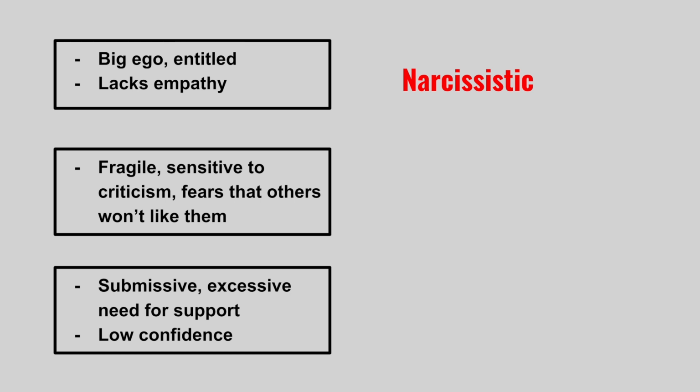Next, we're going to have a patient who's fragile, sensitive to criticism, and fears that others won't like them. This is avoidant personality disorder. Next, we have a patient who's submissive. They have excessive need for support and low confidence.